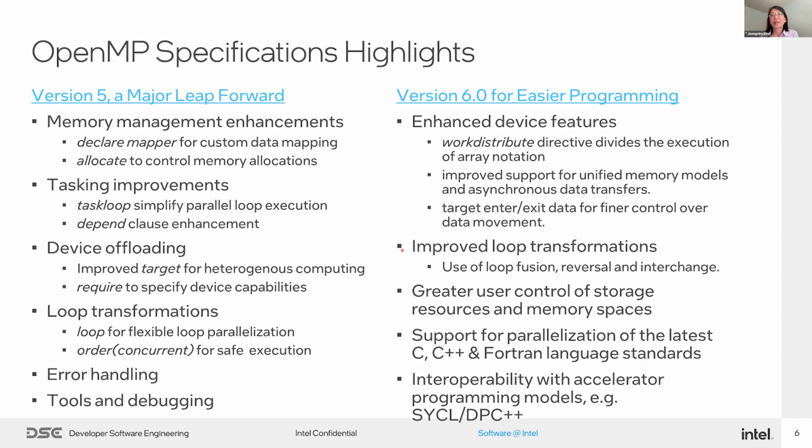Some key features include support for parallelization of the latest standard programming models, C and C++, virtually. And the standard team also improved the interoperability of OpenMP with the native kernel programming models for GPUs.